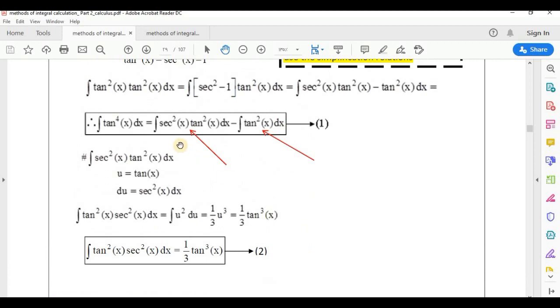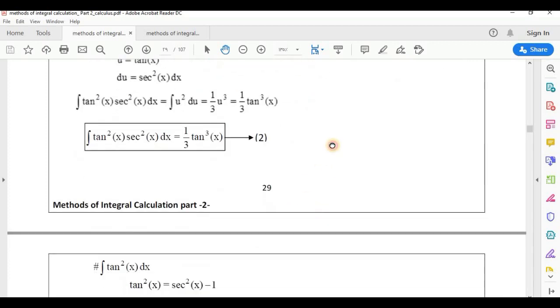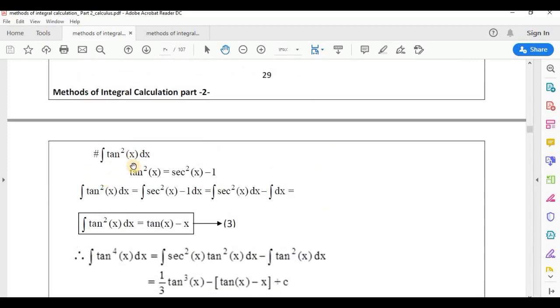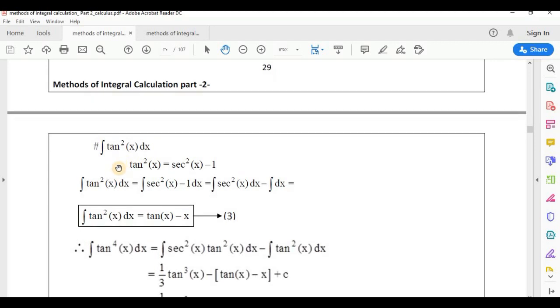We already found the solution for the first function. Let's find the solution for the second integral, the integral of tan square x dx. We will use the equation to simplify the function and put this value in the integral.